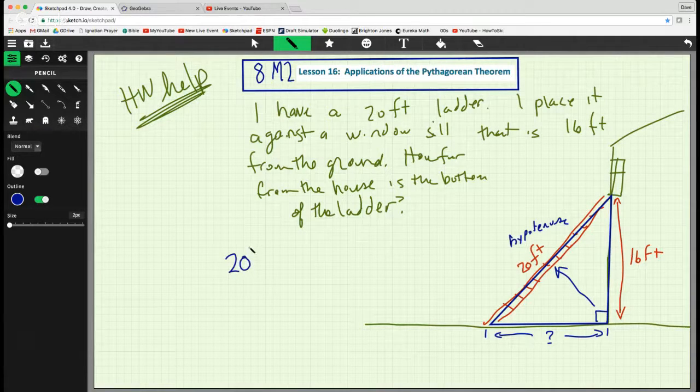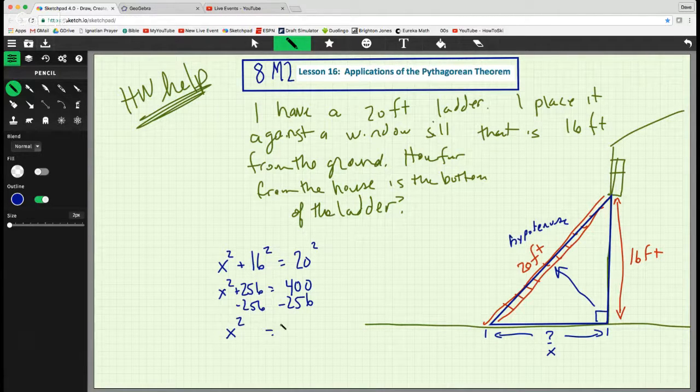Let's do it in order, and we'll call this distance x. The first leg squared plus the second leg squared equals the hypotenuse squared. So we get x squared plus 256 equals 400. We're going to subtract 256, just using our algebra, stuff that we learned last year.